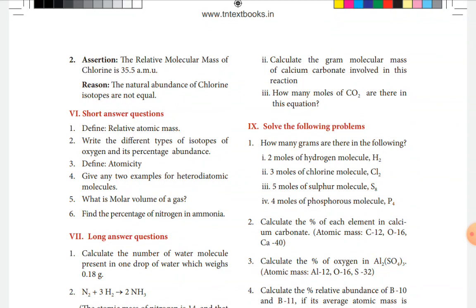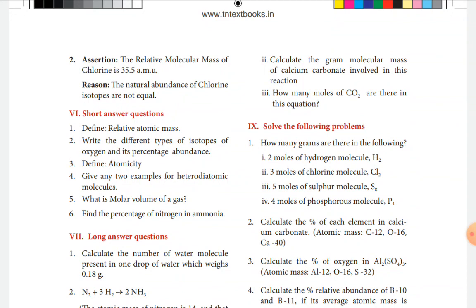What is molar volume? And find the percentage of nitrogen in ammonia. So you have to revise the given textbook question answers, and the questions are from the textbook evaluation.